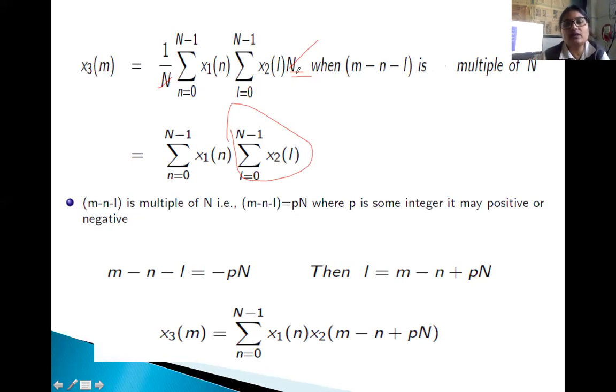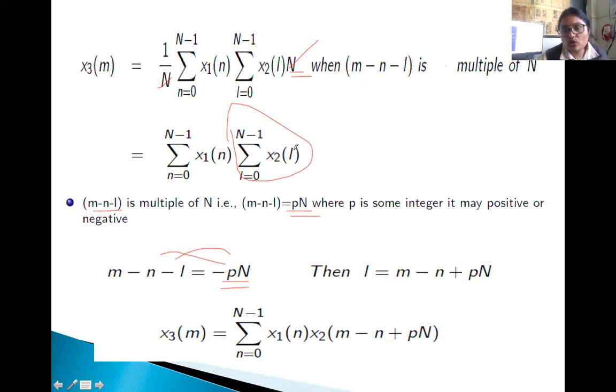We know that the value of m minus n minus l is a multiple of n, and this multiple of n is represented by pn, where p is an integer, positive or negative. For some time, we have considered this m minus n minus l as equal to minus p into n. So we have interchanged these two variables.